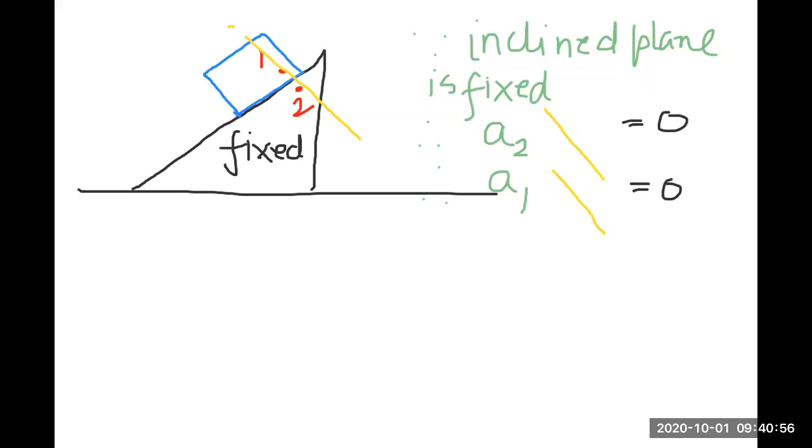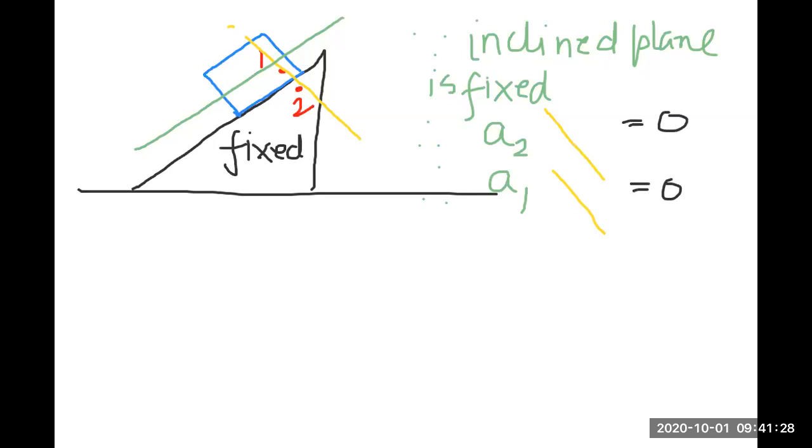This means that the block can only have an acceleration along this direction, right? And that is what we concluded, I think, the last time we discussed this, that if I leave the block on the fixed inclined plane, then the only thing that is going to happen, remember there is no friction, is that this block is going to slide down the inclined plane.